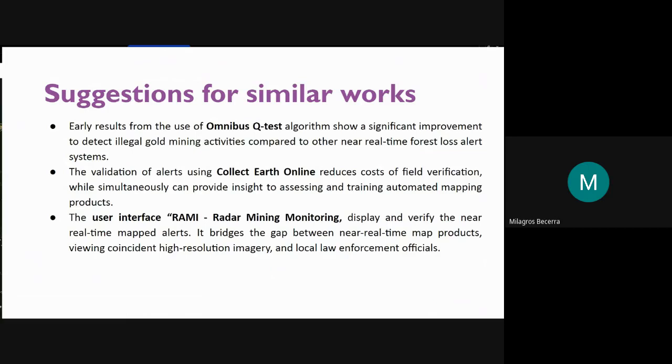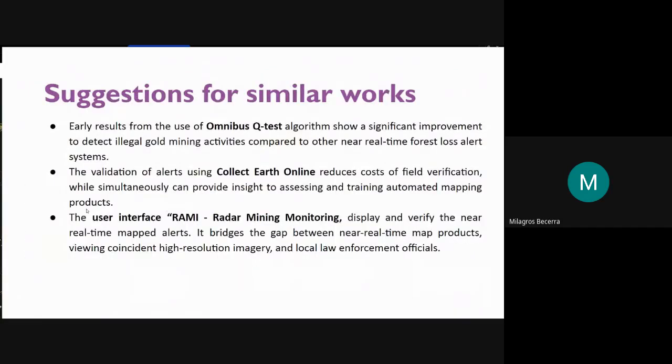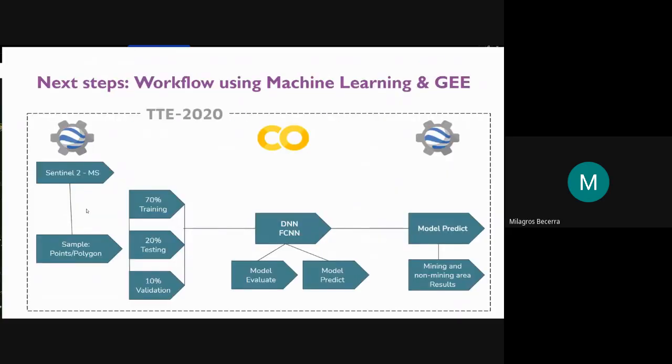And the user interface Rami is really useful for the users, and they can display and verify the near real-time alerts mapped. It bridges the gap between near real-time products, viewing confident high-resolution imagery, and local law enforcement officials.